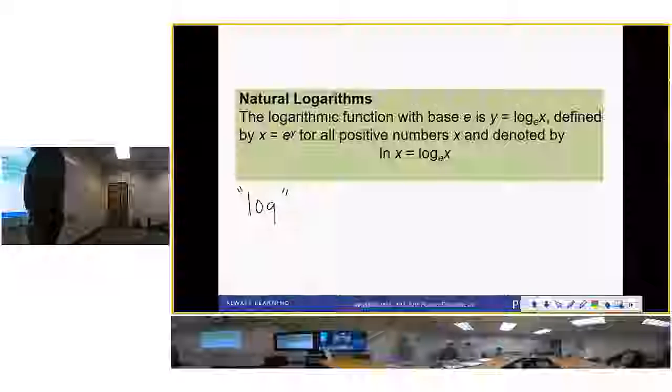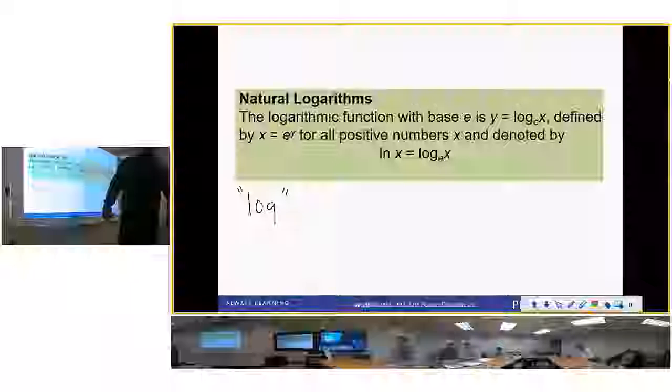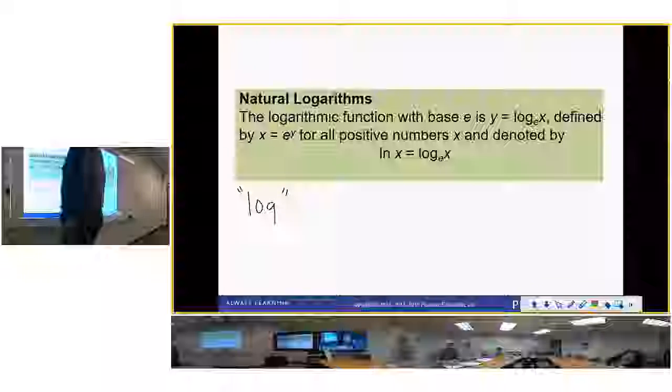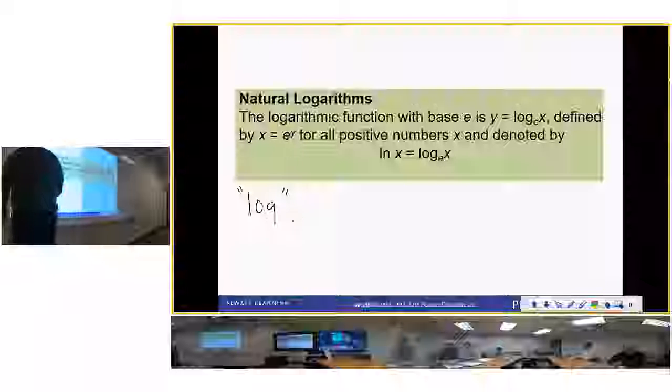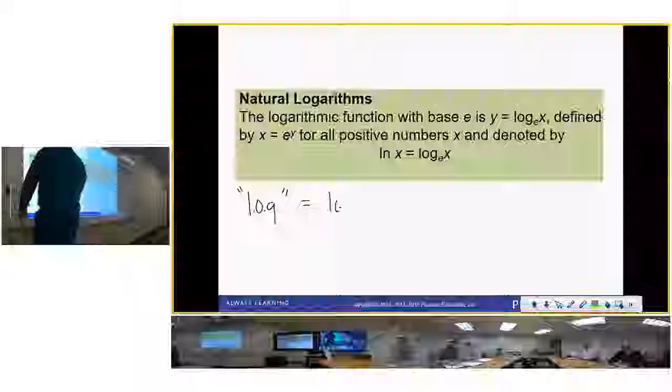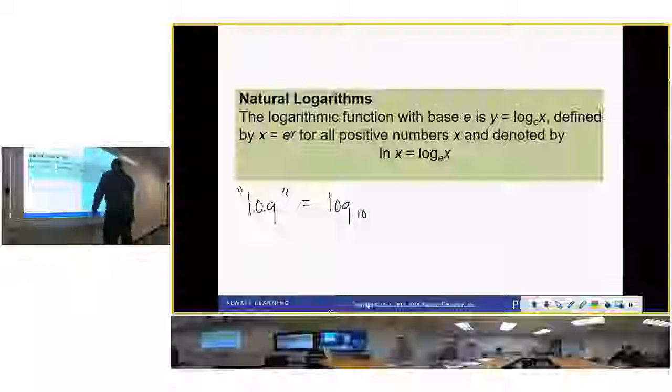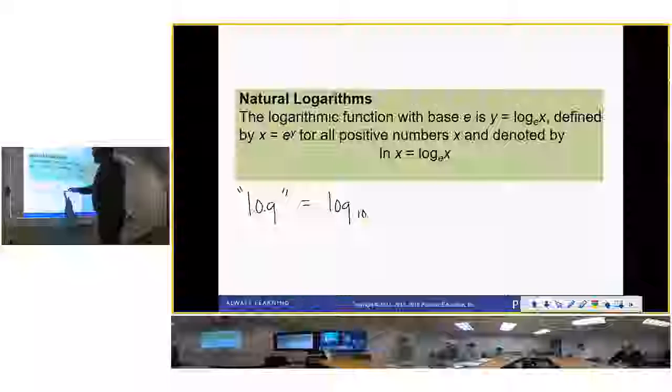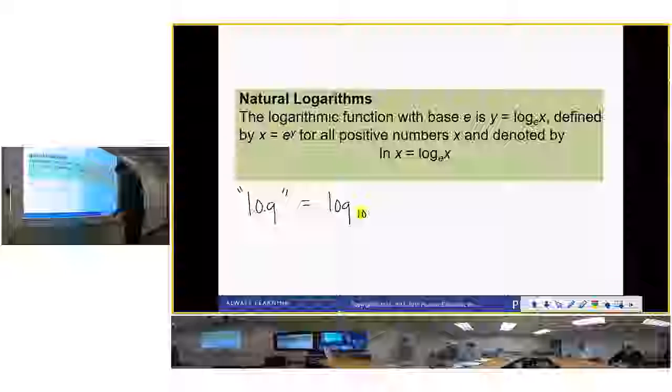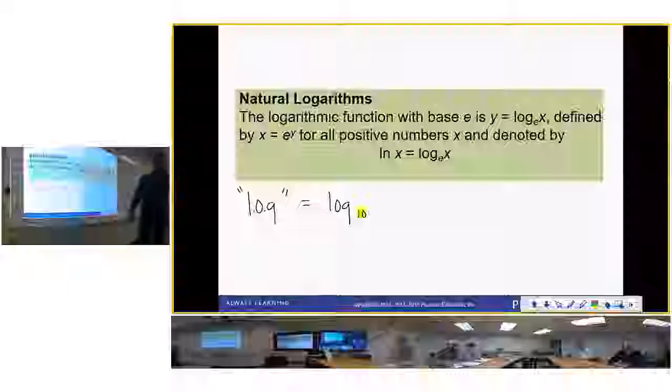But some teachers are like, okay, well, let's change this natural log into a logarithm. I don't do that. But LOG is equal to log base what? Log base 10. Take your highlighter and highlight that because if there's nothing there, it's assumed to be what? 10.